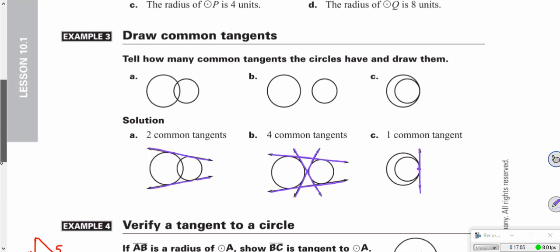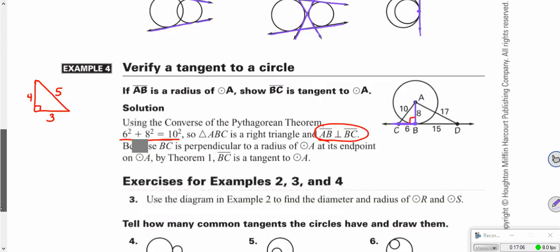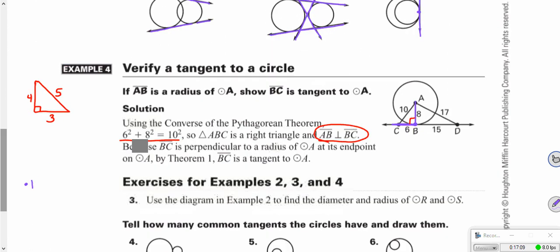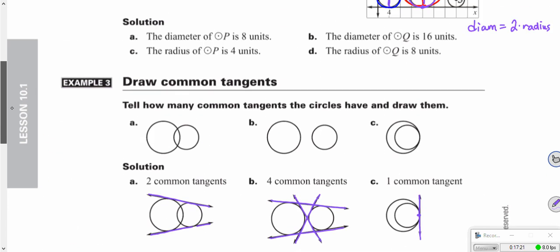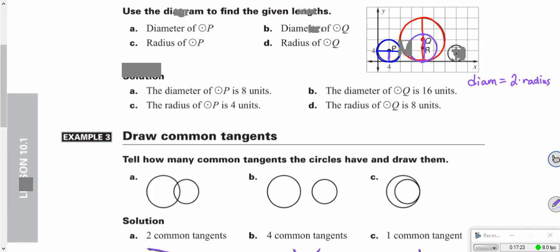Okay, so let me scroll back down here. Circle R has diameter equals 10, and that means the radius equals what? It's got to equal half that. It's got to be 5. So now let's go back up to circle S. This would be my circle S. Again, it looks like it goes halfway between 4 and 8, so that would be maybe 6 since we're counting by 4s here.